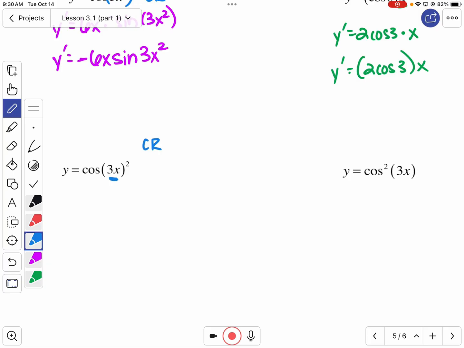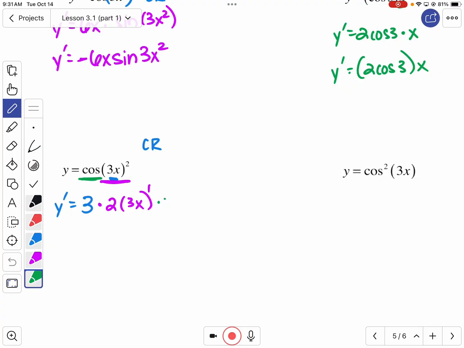So what's the derivative of 3x? It's 3, okay? The next most inside piece is that stuff squared, so that derivative would be 2 times that stuff to 1 less power, and I would keep the 3x. And then what's my outermost function?